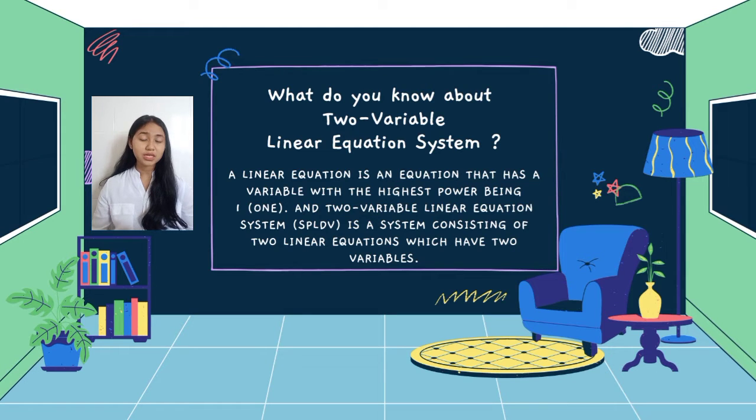A linear equation is an equation that has a variable with the highest power being 1. A two variable linear equation system, or SPLDV, is a system consisting of two linear equations which have two variables. It usually involves the same equation with two variables.